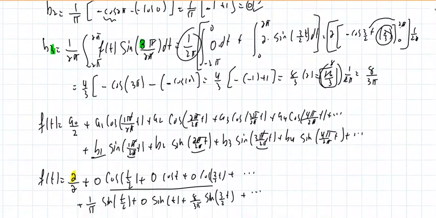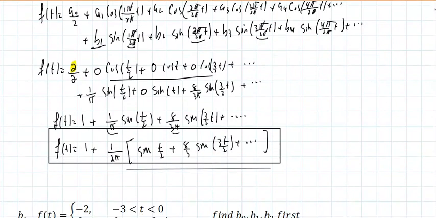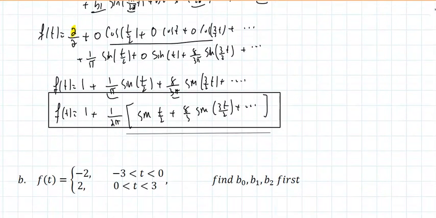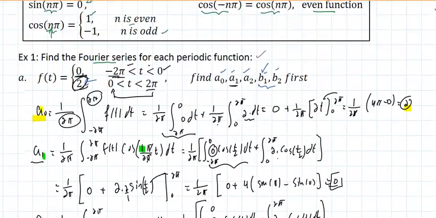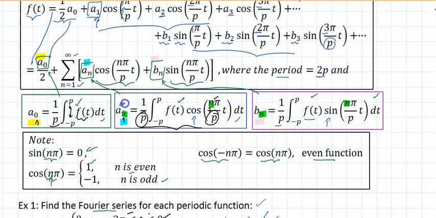Now if they just say find the actual Fourier series, like here we're finding a sub 0, a sub 1, and a sub 2 first, then find the Fourier series. The Fourier series is you finding a sub n and b sub n. So you could go straight for that. You could go for a sub n first, b sub n first, and from those you could read a sub 0, a sub 1, there is no b sub 0, b sub 1, b sub 2, and go from there.